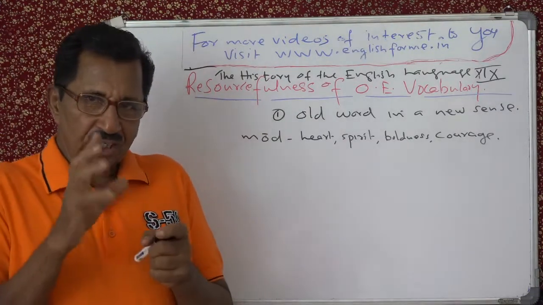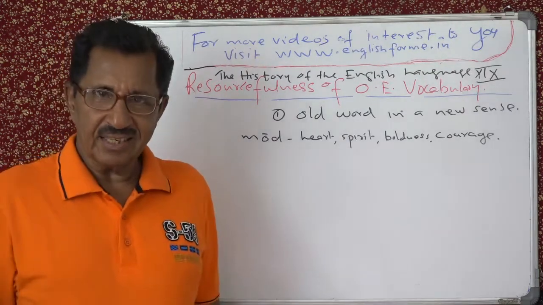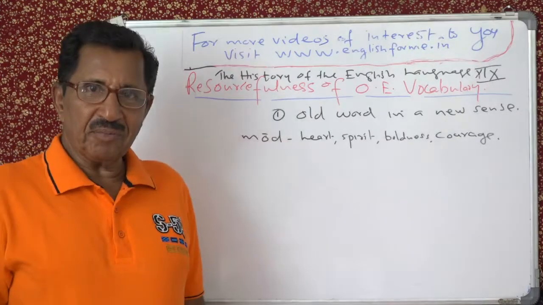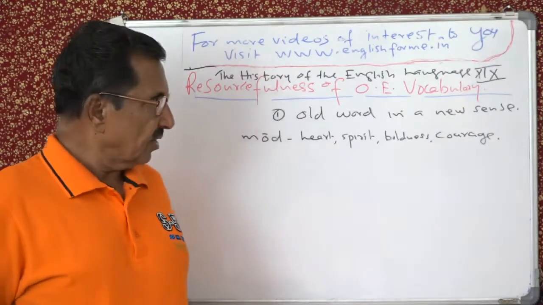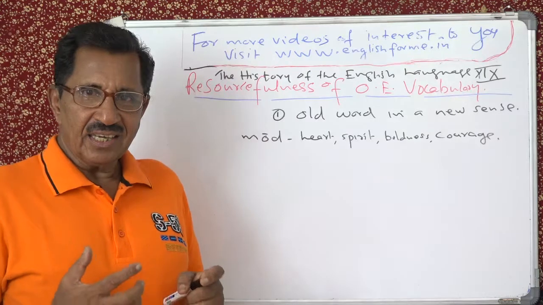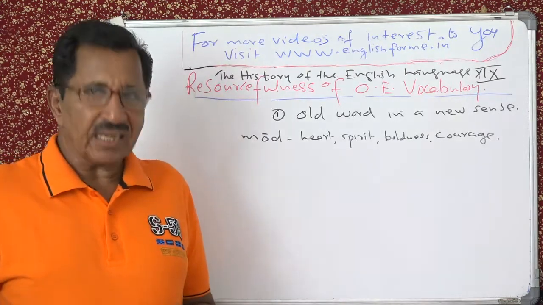Now based on this root meaning, heart, you can make hearty, you can make boldly, you can make boldness, spirited. You can say courageous. You can say a good spirited person, a magnanimous person, like that.